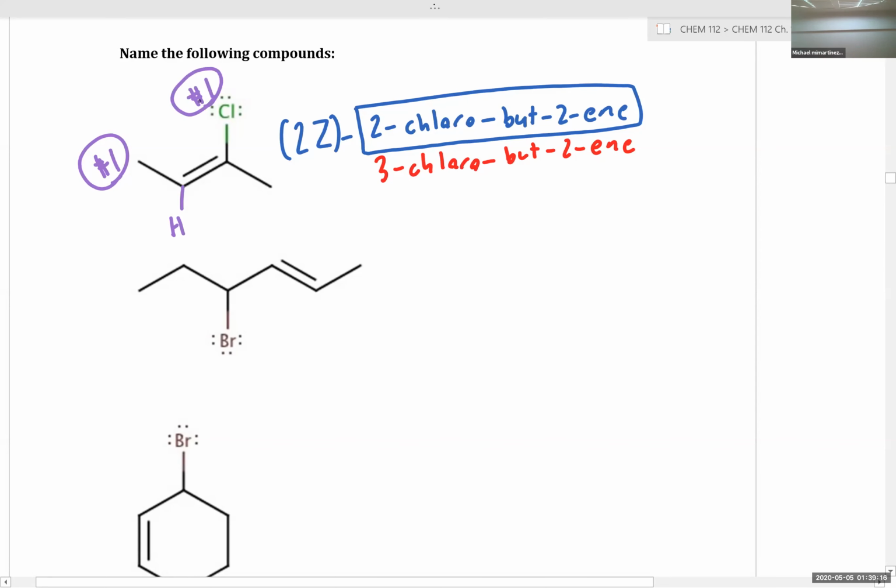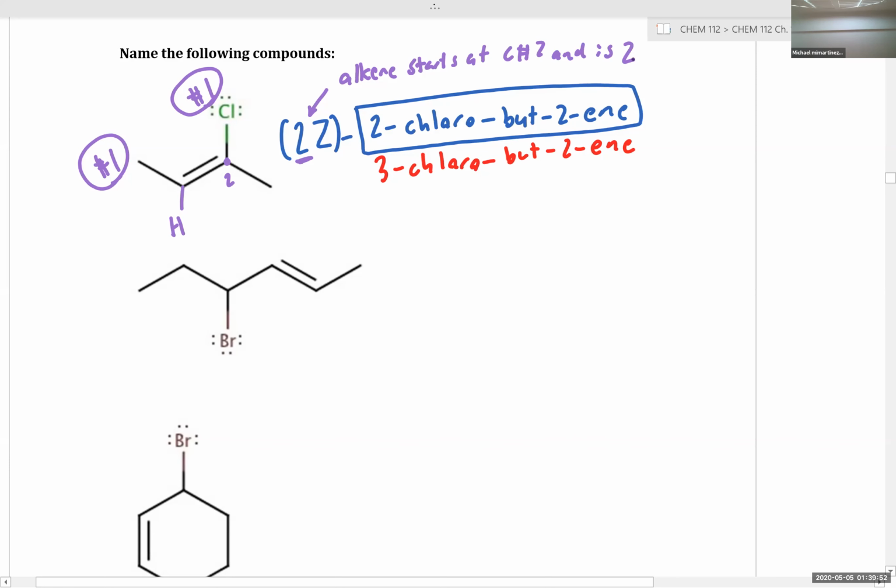Our two high priority groups are on the same side. So do we name this as Z or E? If they're on the same side, is that Z or E? Z. Yep, so this is 2Z. This 2Z is saying our alkene starts at carbon number 2, which it does, and is Z in configuration.